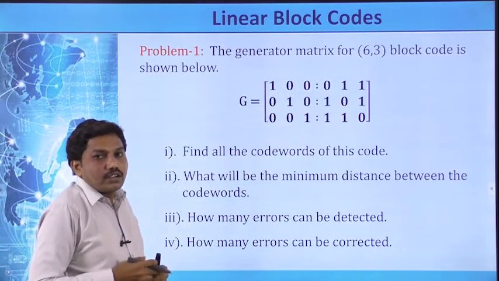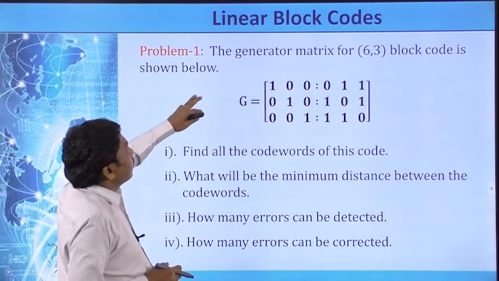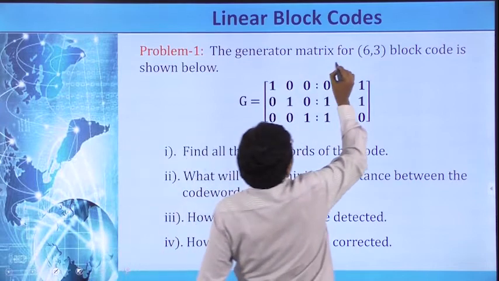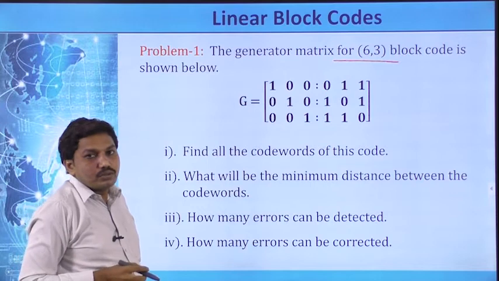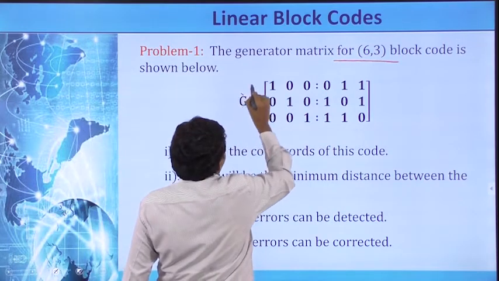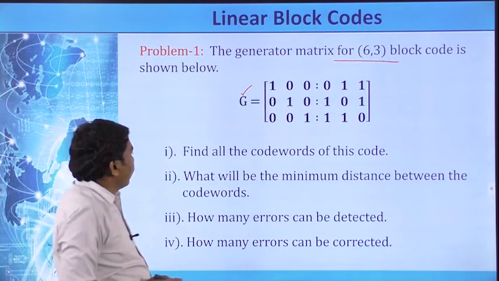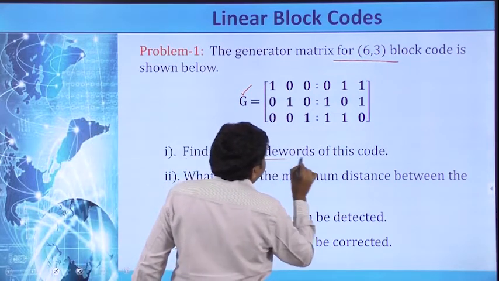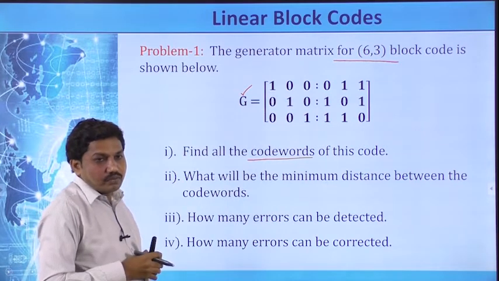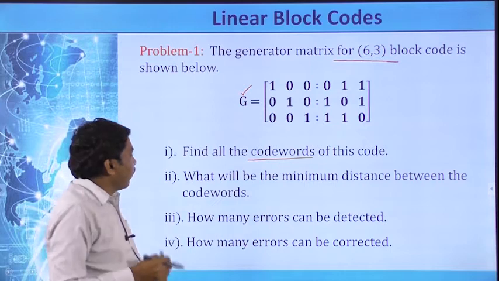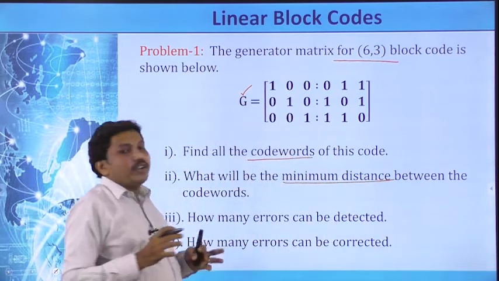So, let us solve a simple problem. Look at this one. The generator matrix for a 6,3 block code is given below. We need to find all the code words. The second one is, what is the minimum distance between the code words?